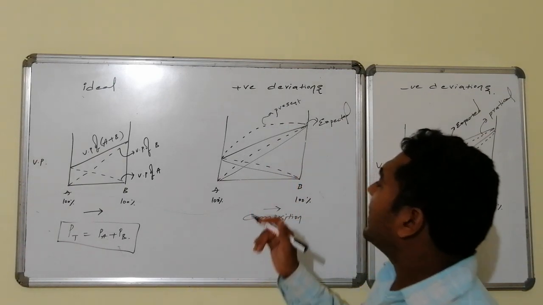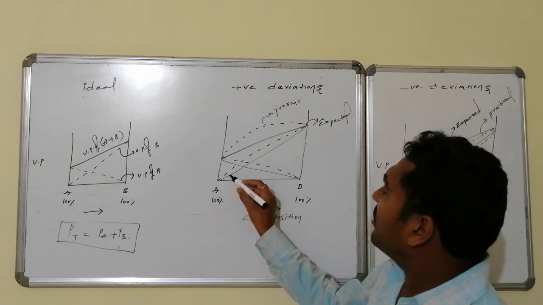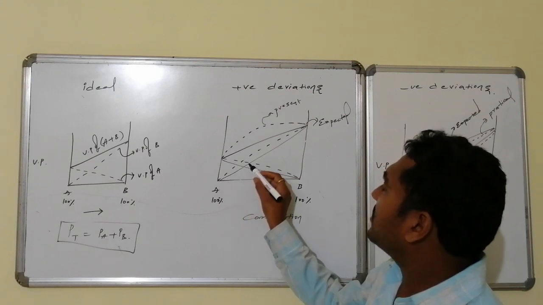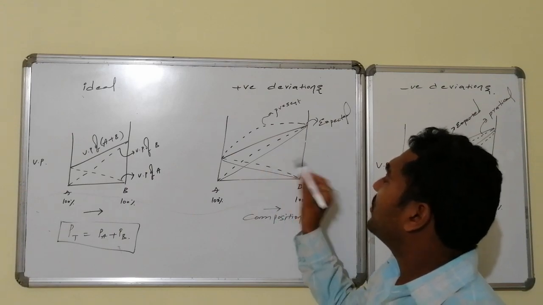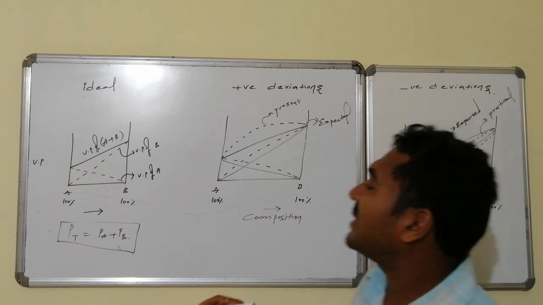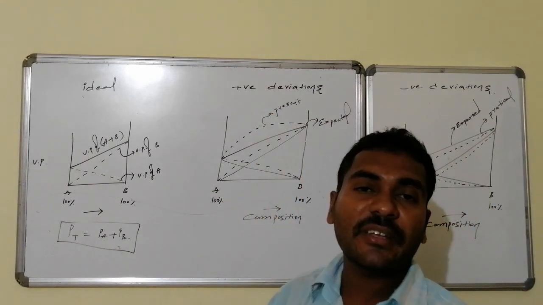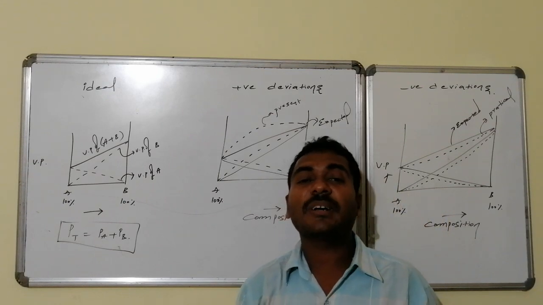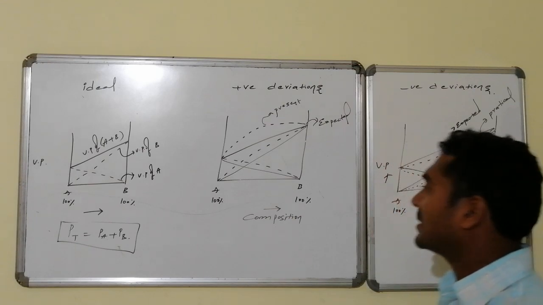So therefore after mixing, suppose A's vapor pressure should be this much with this composition, but practically it is this much. B is also higher, A is higher, and the A plus B combination is also higher. Such kinds of solutions containing deviations are known as positive deviations containing non-ideal solutions.